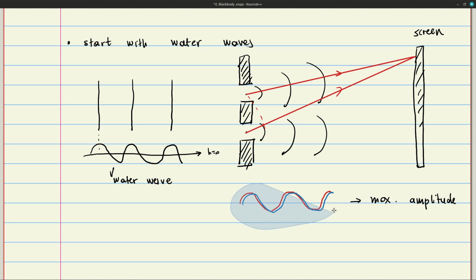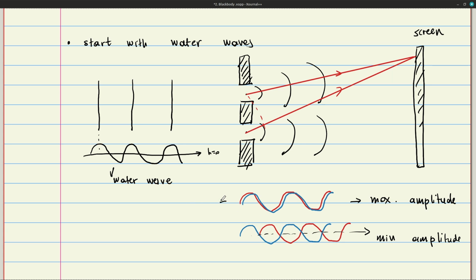And if they shift by exactly half a wavelength, something like that, if you look at the equilibrium point, you can see whenever red is positive, the blue is negative. Whenever blue is positive, red is negative. So this is going to be minimum amplitude.